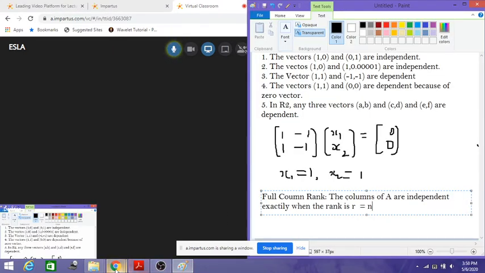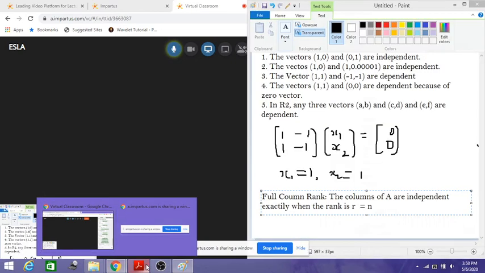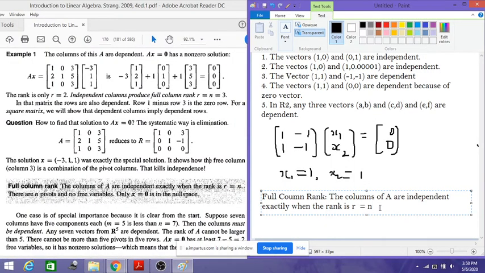When the rank r is equal to n, then there are n pivots and no free variables. So the condition is that there should not be any free variables and there should be n pivots. Then only will the column independence come into effect.